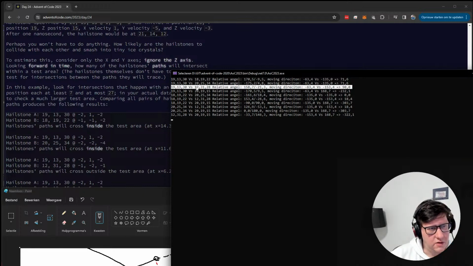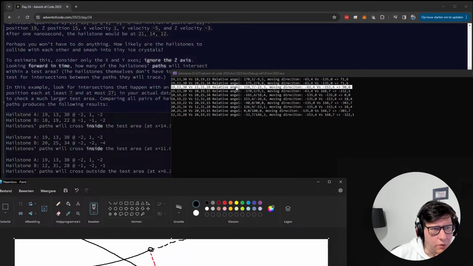Let me see, this one will be further to this case. If I would visualize this one, it would be similar to here and here.